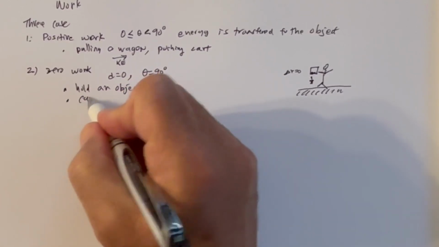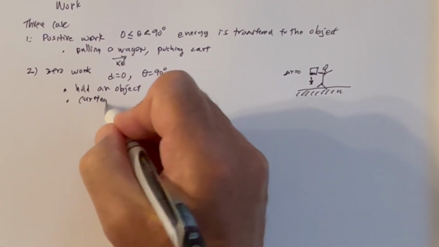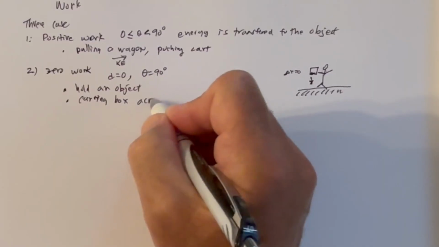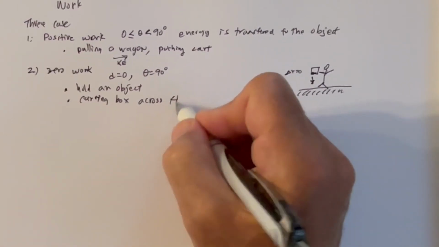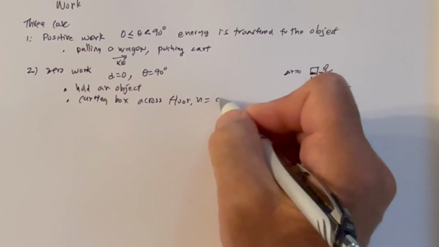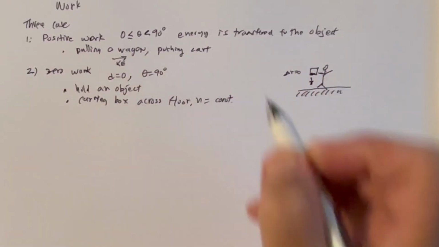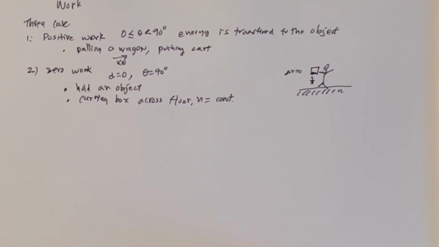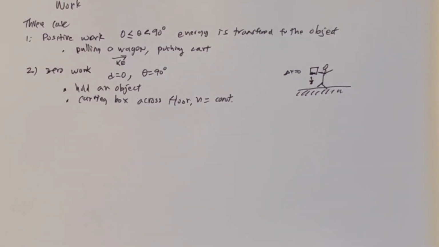But now the same thing too is you're carrying the box across the floor, with the caveat that the height is equal to a constant. In other words, you could be moving the object across the floor, but its gravitational potential is not changing.